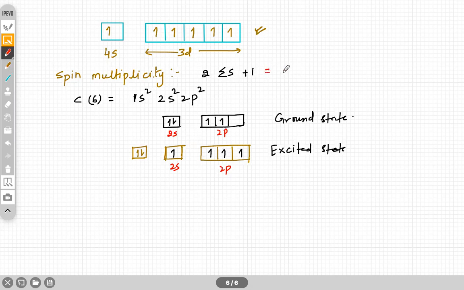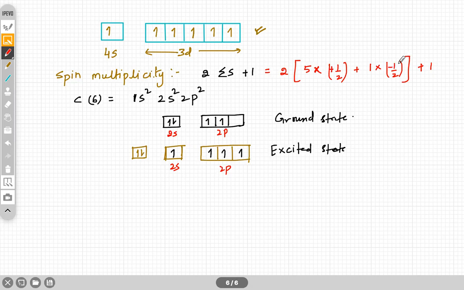You see, we have 2 summation of s, where s means the spin of the electrons. 5 electrons have clockwise orientation, so plus half for each of these 5 electrons, plus 1 electron has anti-clockwise orientation, 1 into minus half, bracket close, plus 1.